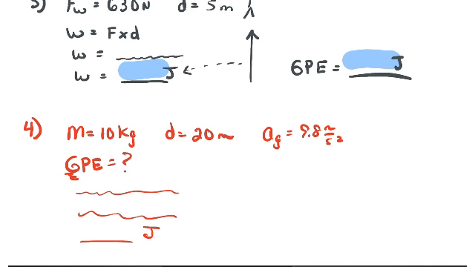So let's go to a new page here. We've got the last one, number 5. Number 5 says, in order to charge the plates of a small storage battery, a hand generator is cranked a total distance. So we have distance equals 250 meters. The average force, so we're going to have force equals 120 newtons.